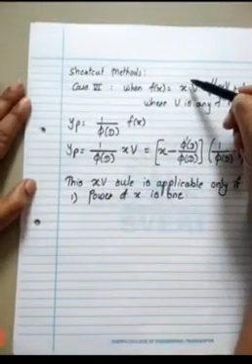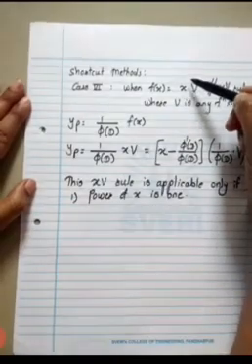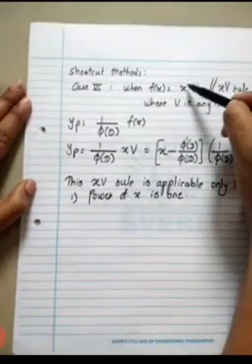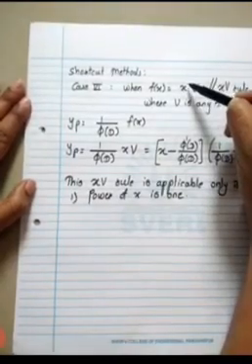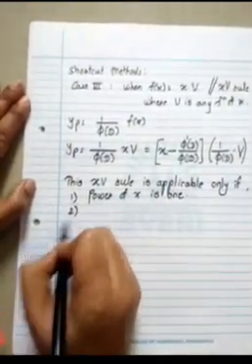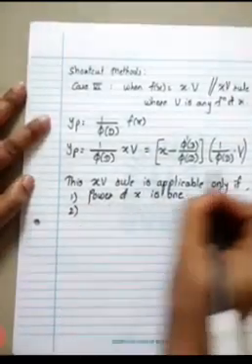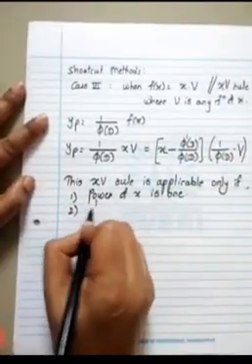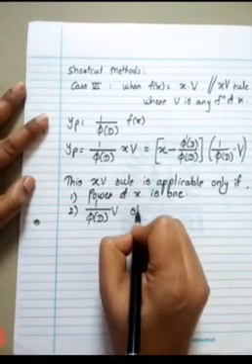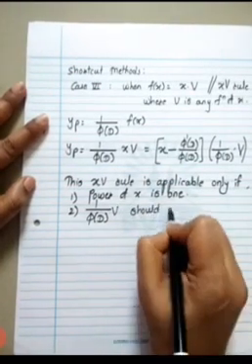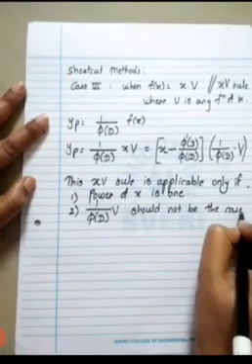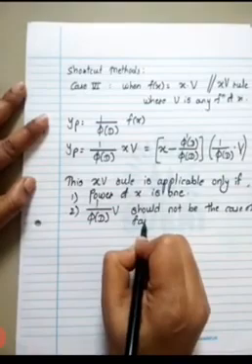It should be xv. It should not be x square v, x cube v, or x raised to minus 1. Strictly the power of x must be 1. It should be x only. This is the first condition. And the second condition is that the second bracket, 1 upon phi d into v, should not be the case of failure.